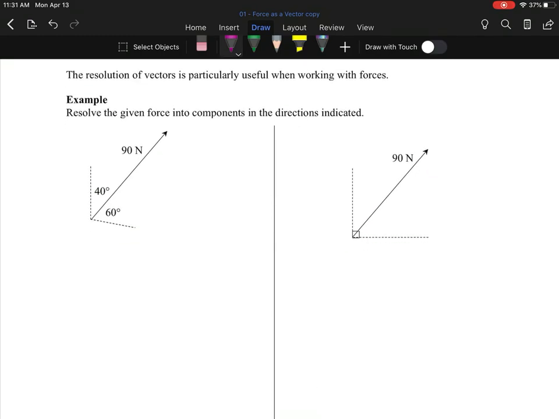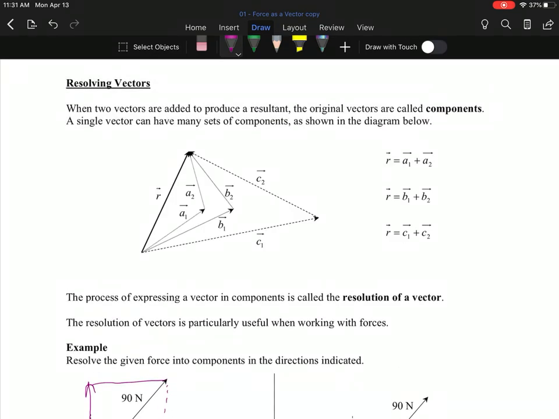Basically, though, all we're trying to do is say, listen, if we're given a vector like this, 90 newtons, we can break it up into whatever directions we want. Here, for instance, I'm going to take this 90 Newton force and see how much of it goes in this direction here, and how much that force pulls in this direction here.